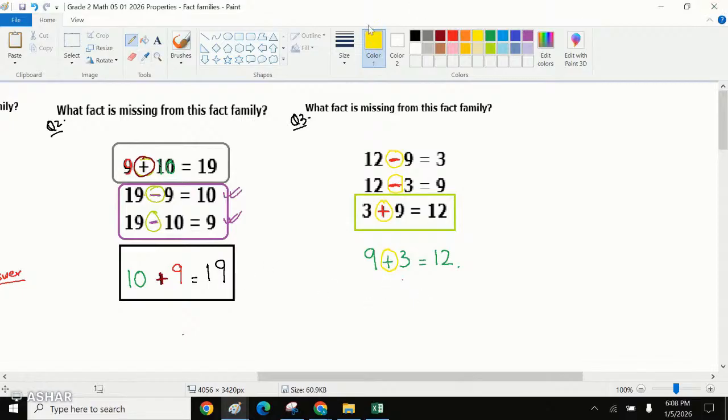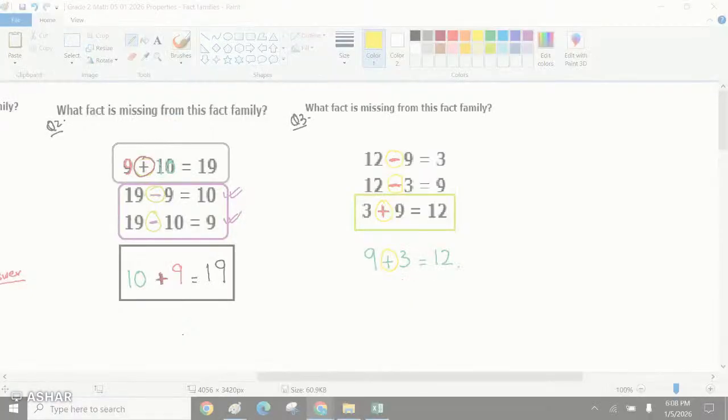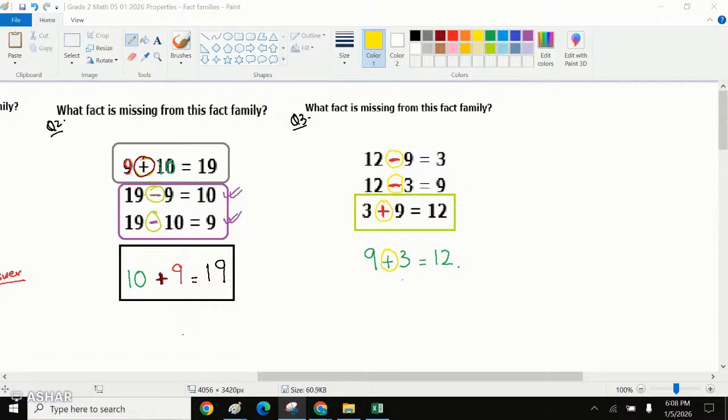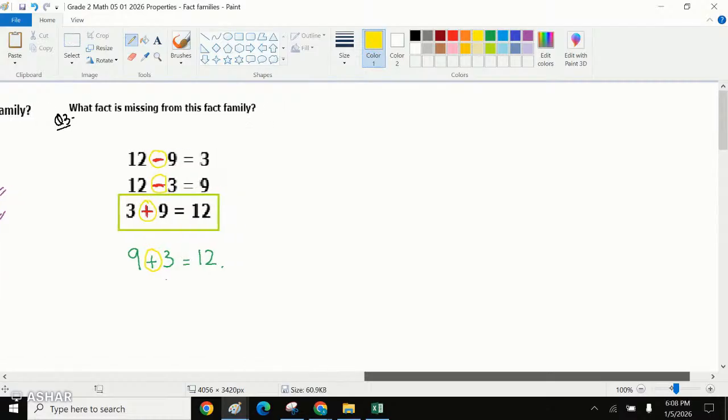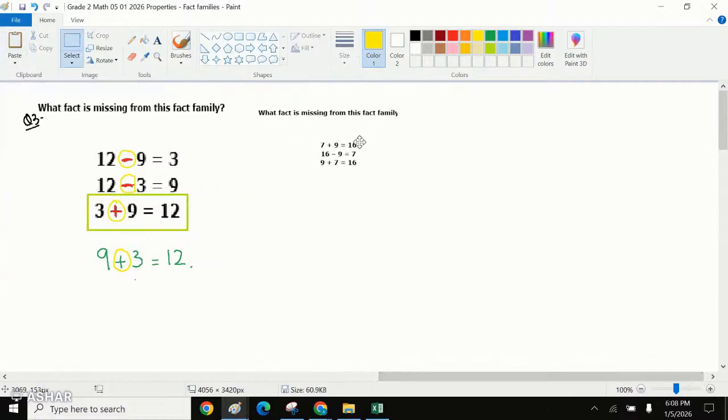Let's look at another question. The next question we have says, what is the missing fact from this family? I would want you to help me out. For the next question we have, let's put it down.